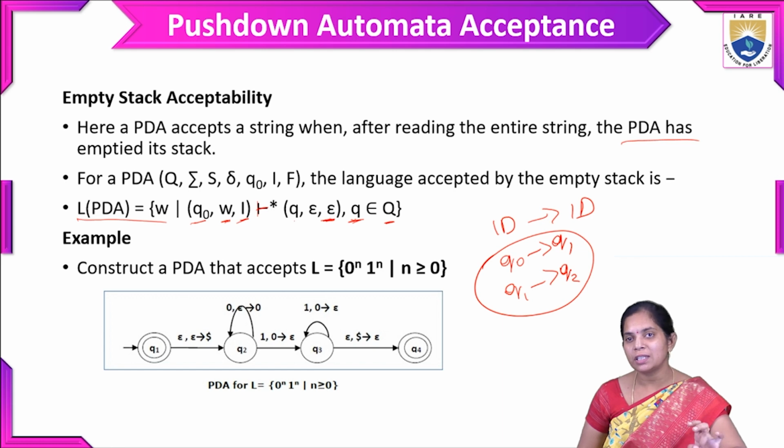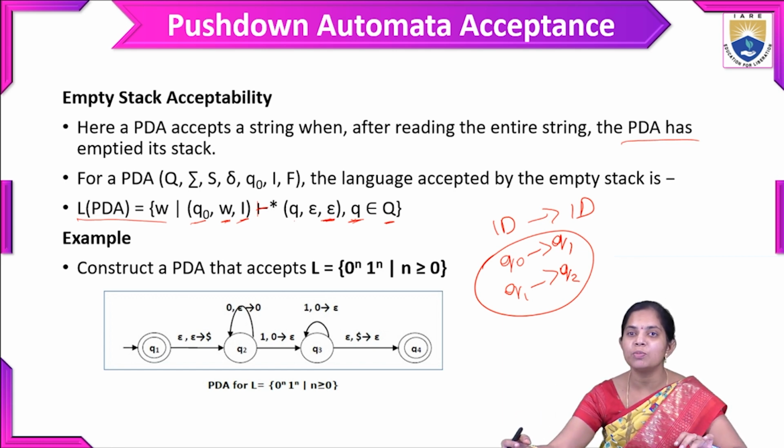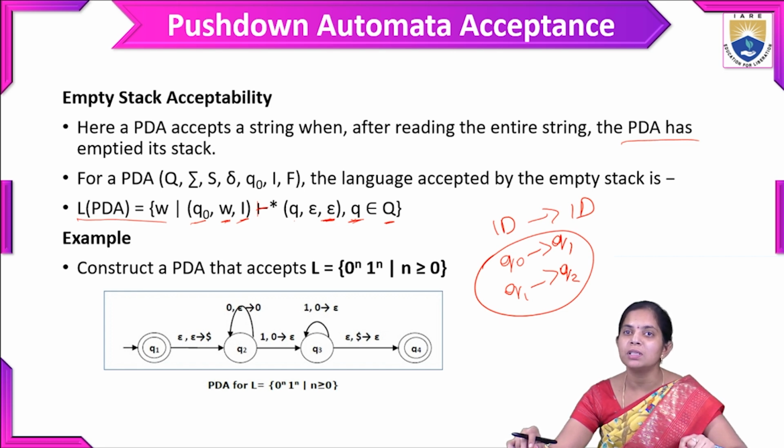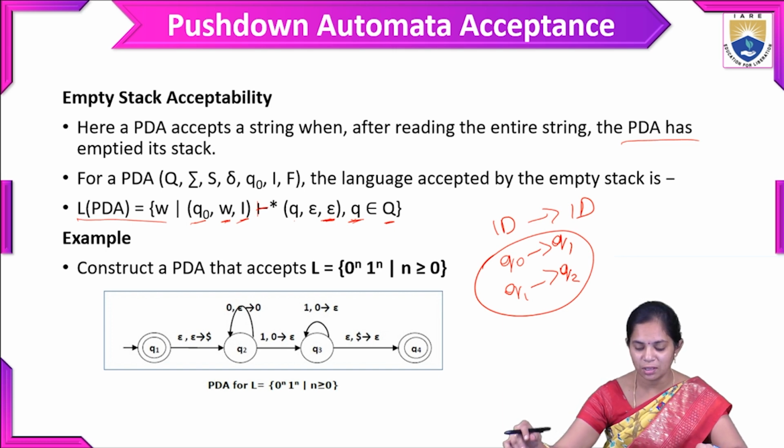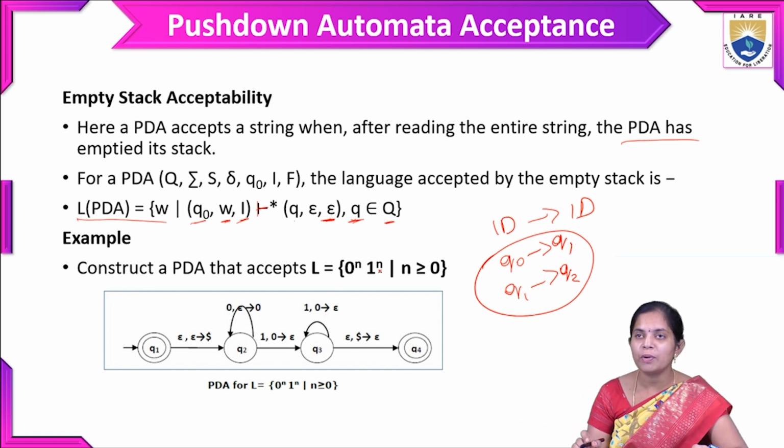So in final state acceptability, after reading or consuming the input string, it should reach the final state. And here, after reading and consuming the input symbols, the stack should be emptied. That is the difference. And here is the example: 0 power n, 1 power n, n greater than or equal to 0. This is the language. For this language, we have to construct an empty stack acceptability pushdown automata.